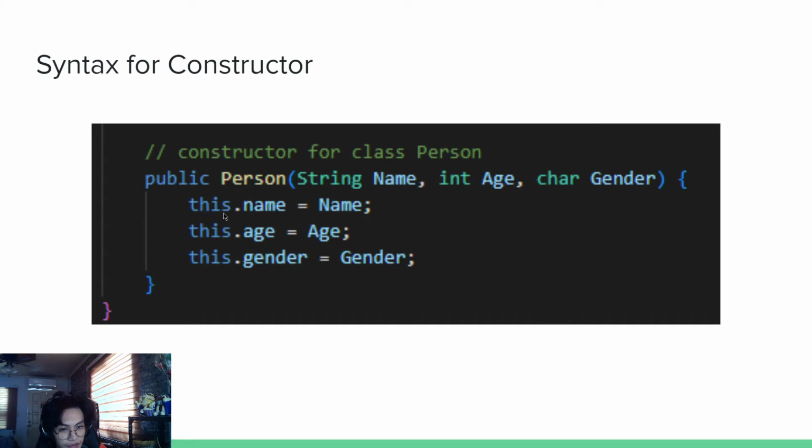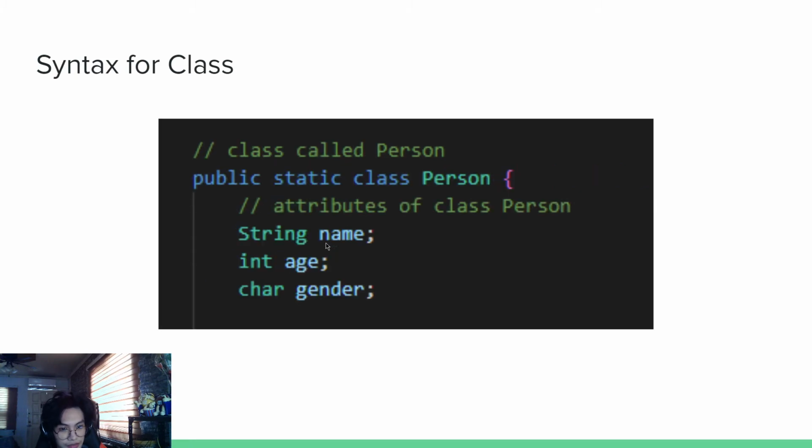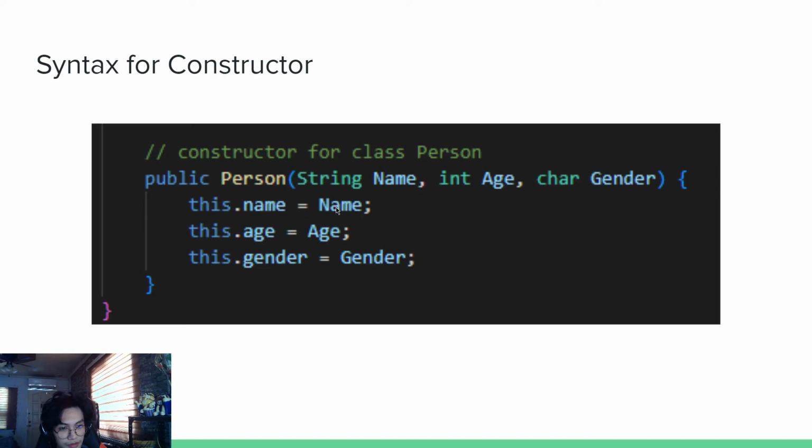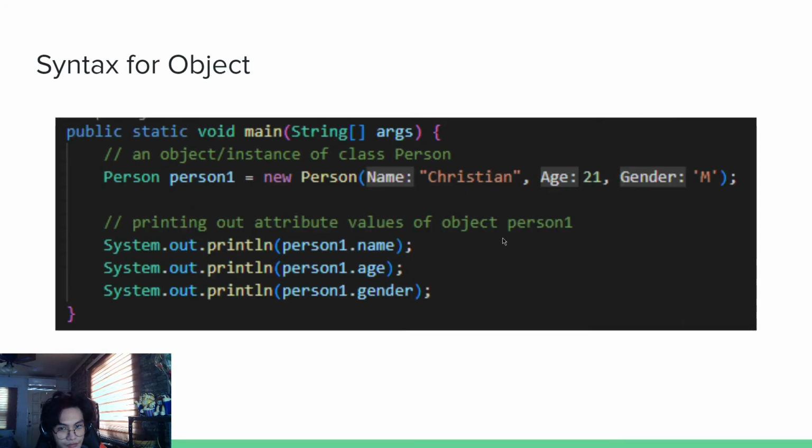And then for the body, we're just going to assign whatever we passed in the parameters into the attributes of this class, which is person. So we're just going to use the this keyword. So this dot name just refers to the attribute called name inside of this class, which are these three. Then we're going to equal that to whatever we pass over here.